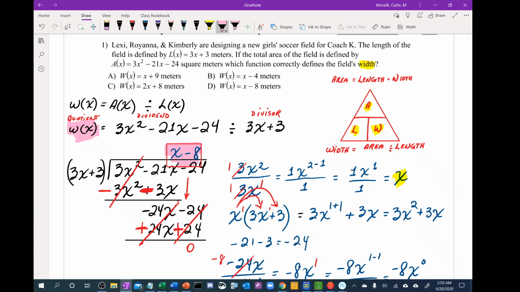So the width, we could say w of x, is equal to x minus 8, which corresponds to letter choice D. The width is x minus 8 meters. All right.